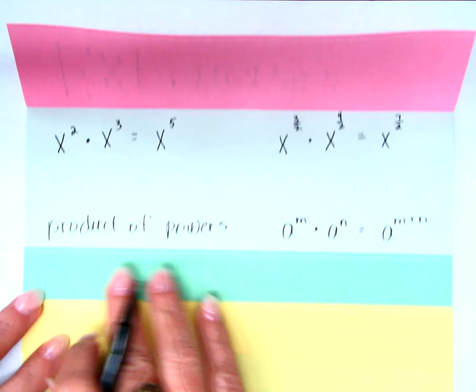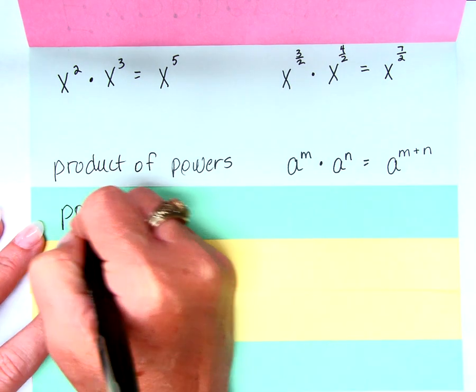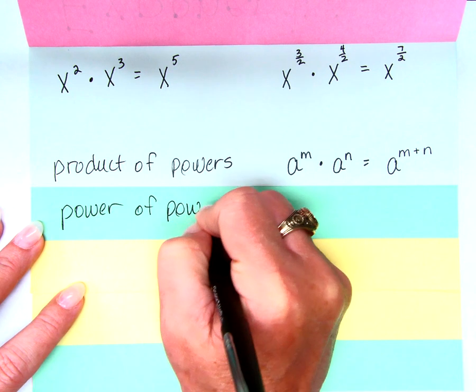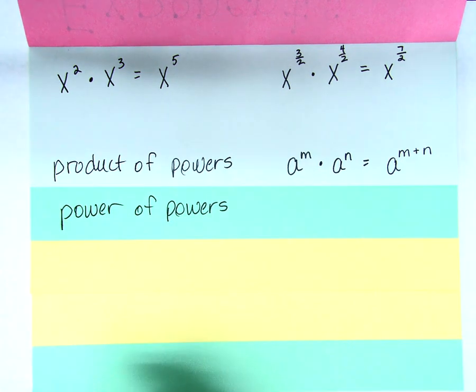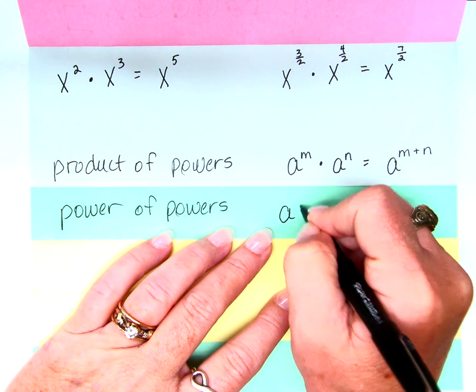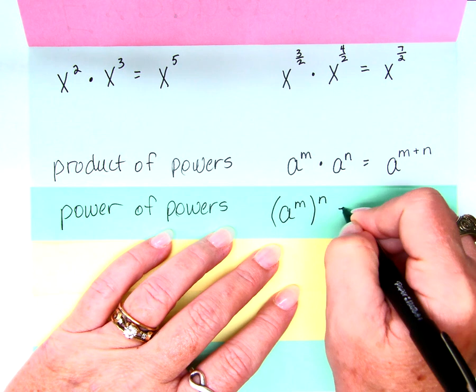Okay? All right, the next tab down is called power of powers. Power of powers, the rule looks like a to the m all raised to the n.